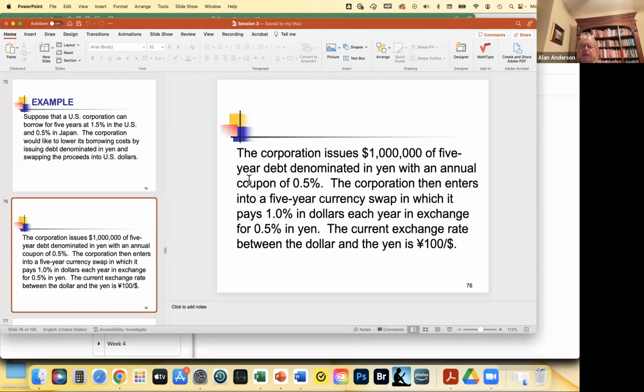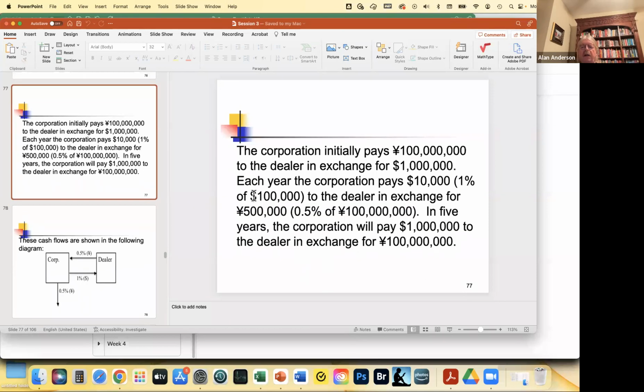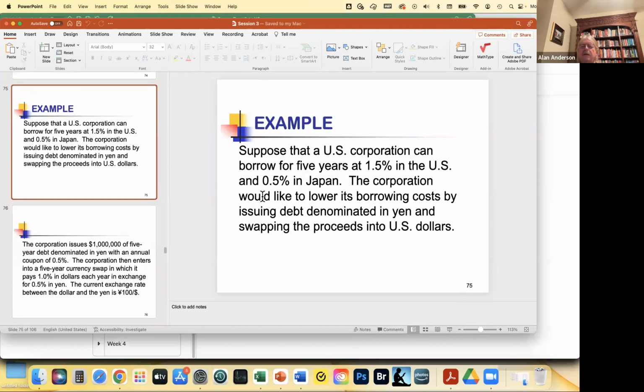By the way, here's another example when you might want to enter into a currency swap. What's happening here, and then we'll get back to the other swap, is that an American company thinks they can save money by borrowing yen and swapping them for dollars. So here's why. Because they would need to pay 1.5% to borrow in the US, and they could pay only 0.5% in Japan.